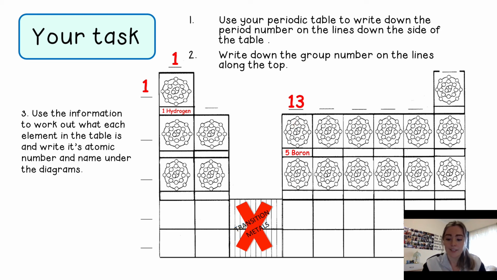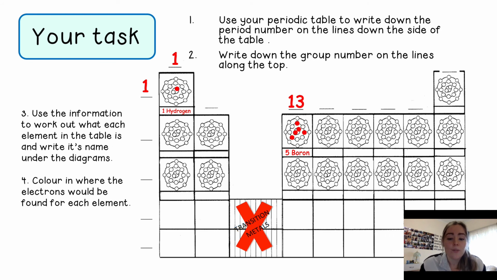Hopefully that makes sense. And then the final step of this task is to draw in or colour in the electron configuration. So each of these circles represents where an electron could go if that atom has that many electrons. So in hydrogen, I've only coloured in this one here because hydrogen only has one electron and we always fill the first electron shell first, the most central electron shell.